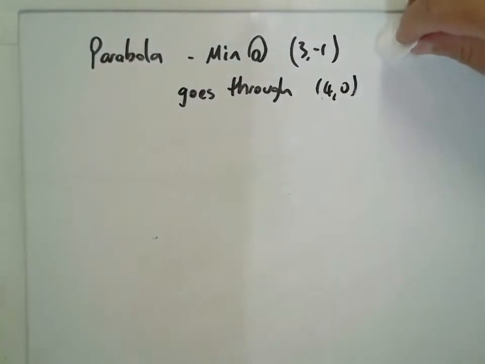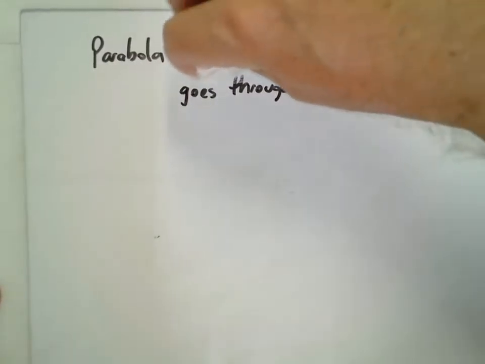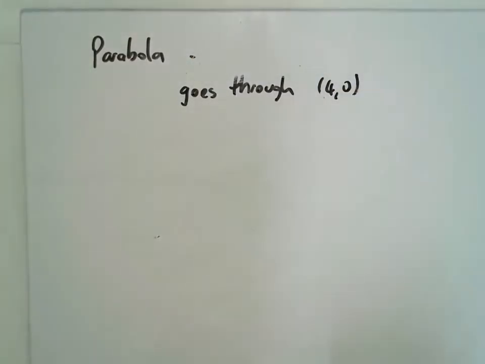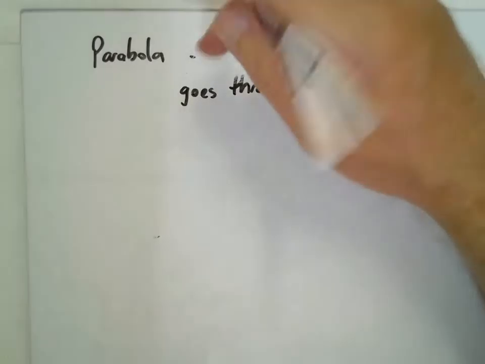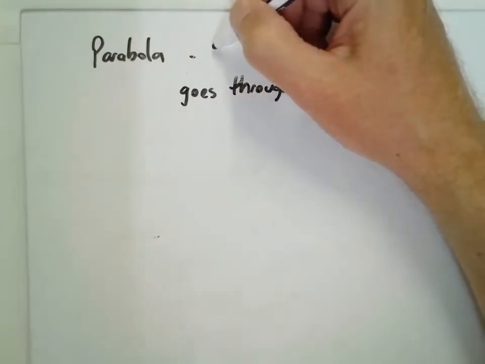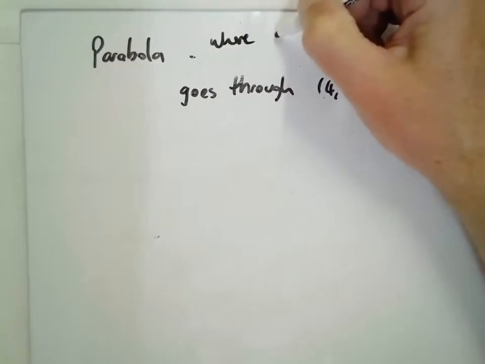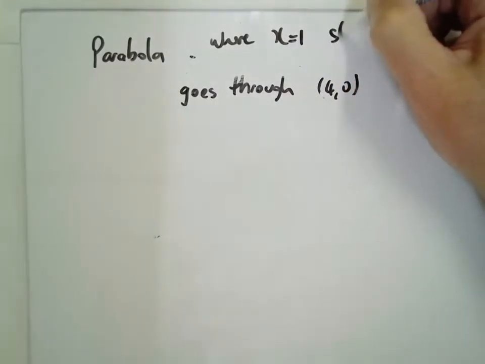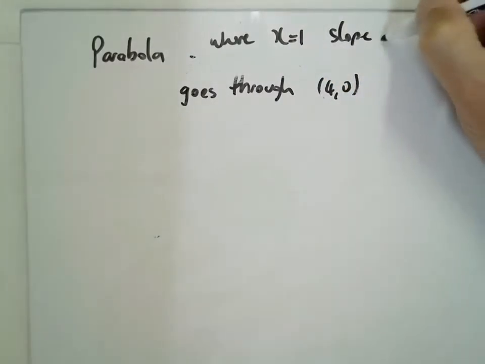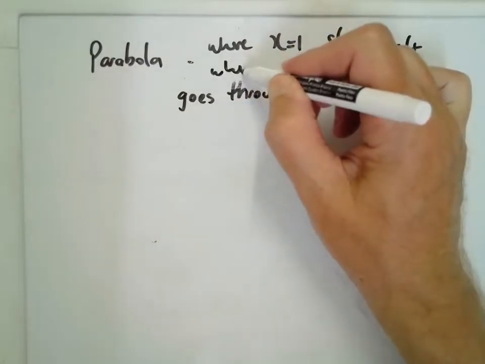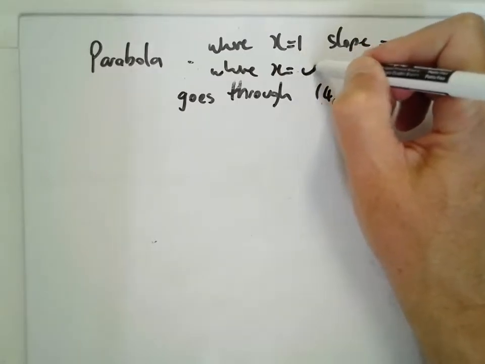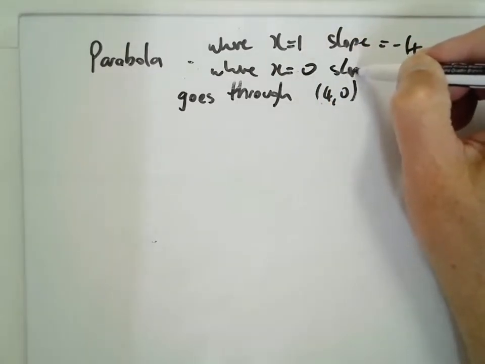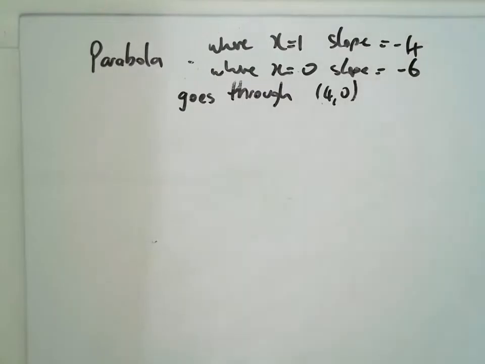Okay, let's think, that was a bit easy, wasn't it? Let's just say the parabola has a slope where x equals 1, the slope of the parabola is minus 4, and where x equals 0, the slope is minus 6.